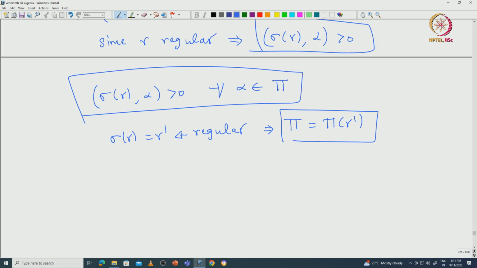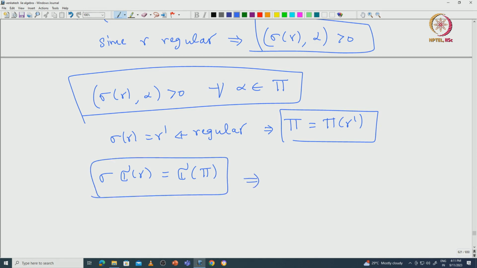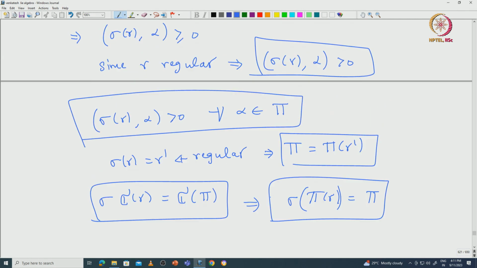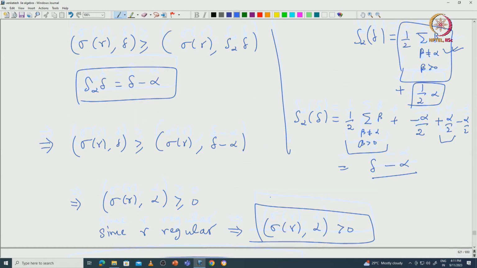So, this means this sigma sends this C of gamma to this C of pi. Okay. In particular, if you think about it, then the sigma actually sends this pi of gamma to pi. Okay. So, that is what happens. So, that means any two bases they are conjugate under this subgroup W dash.